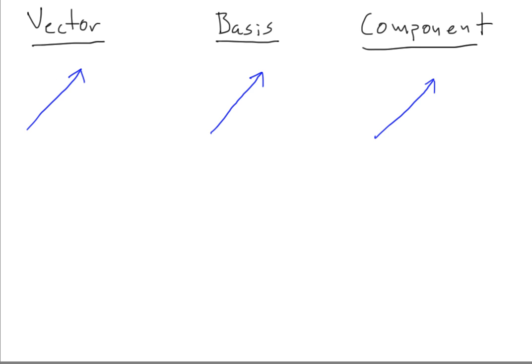So we have probably some vague notion of what a vector is. I'm assuming many people in my audience have taken physics or math classes before. So usually our vectors, in the most abstract or maybe intuitive sense, are just some arrow that points in some direction with some magnitude.